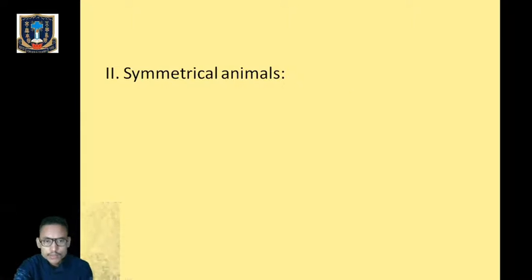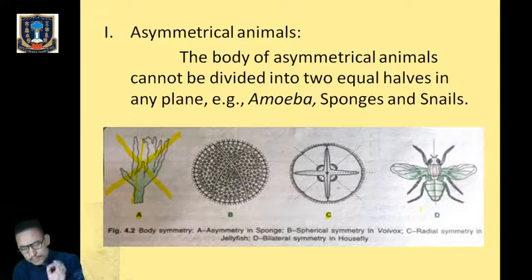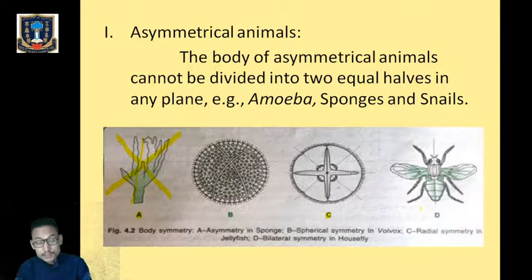Even if you look at the figure over here, figure B shows spherical symmetry, figure C shows radial symmetry, and figure D shows bilateral symmetry. Now what does spherical symmetry mean? Animals exhibiting spherical symmetry have their body parts arranged as a sphere.